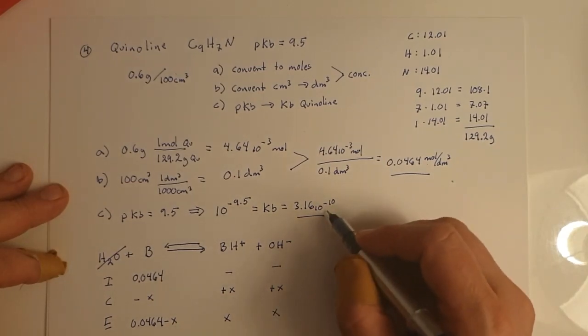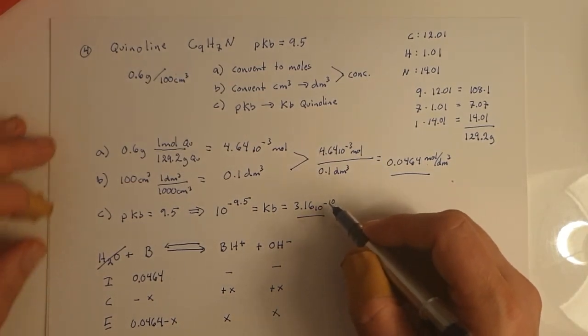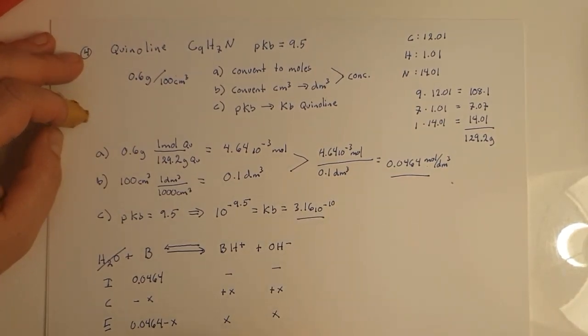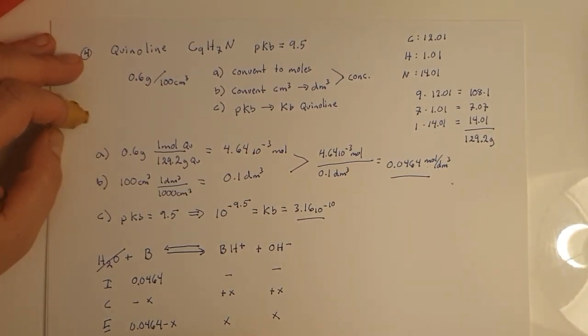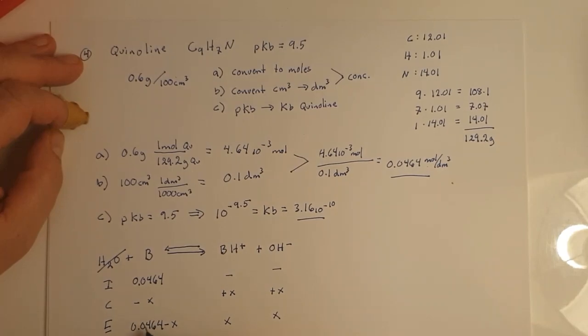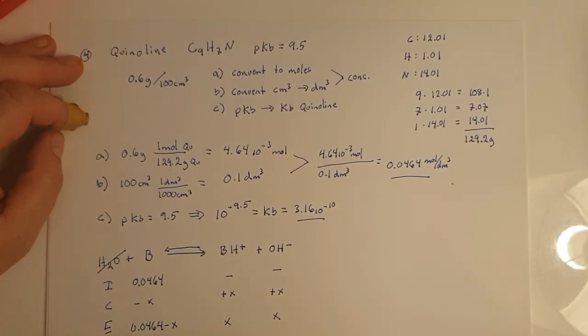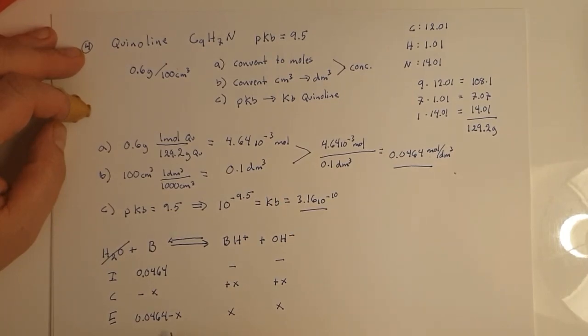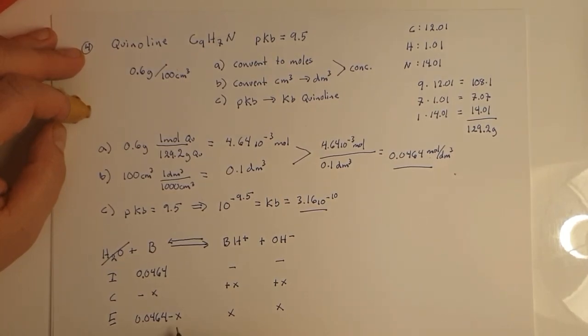Given that this value is so small, we can assume that this x will have no effect whatsoever on this concentration within the 3 or 4 decimal places that are presented. So we can ignore that x.